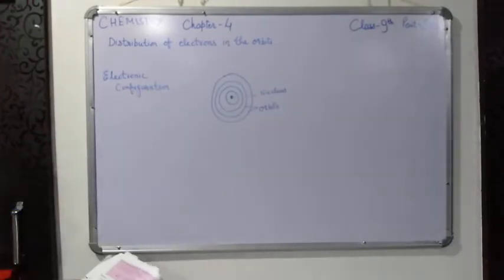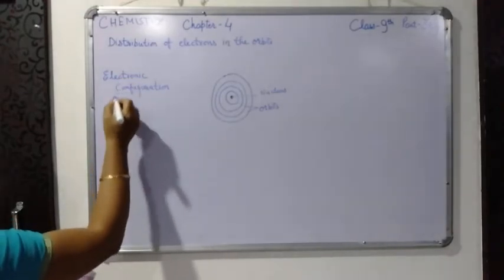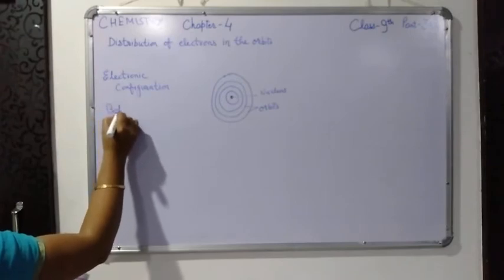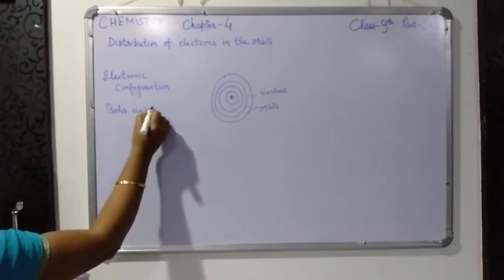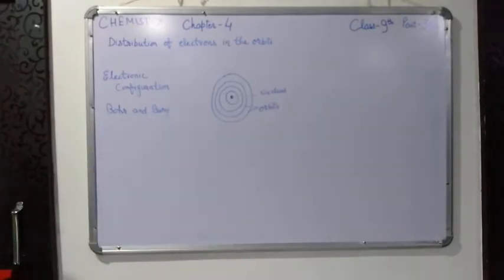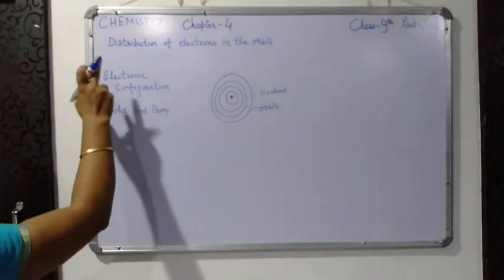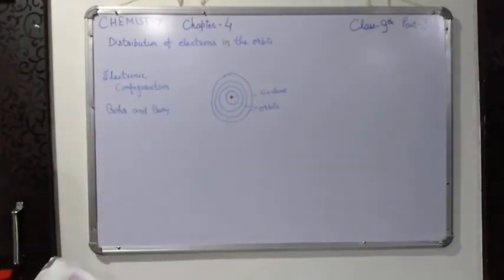So, distribution of electrons into different shells or orbits of an atom was suggested by Bohr and Bury. These two scientists suggested the rules of this distribution of electrons in the orbits.